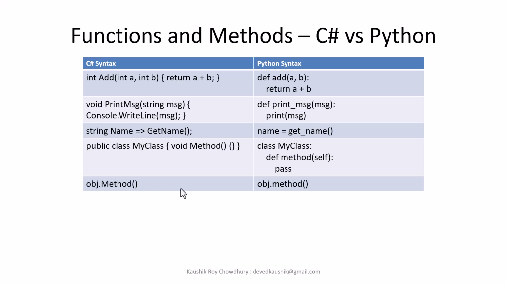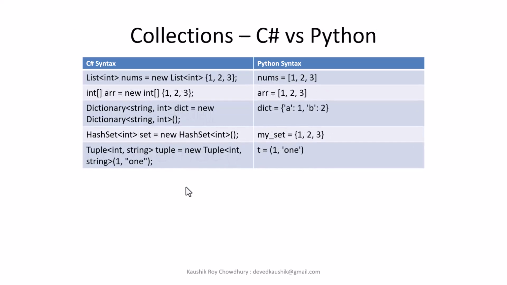Okay, and then let's see collections. In Python, we work with lists, tuples, sets, and dicts. So this is my set, this is a list, this is a tuple, and a dictionary. Lists are the closest match to List<T> in C#.